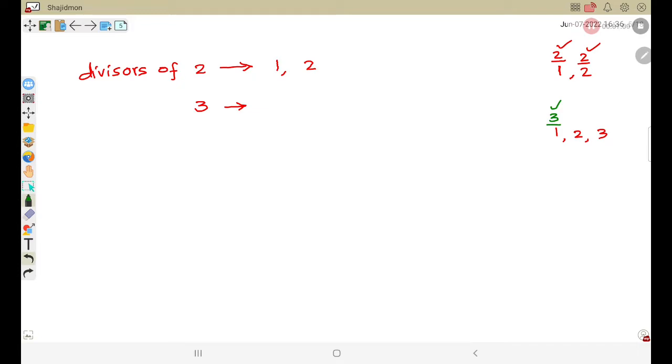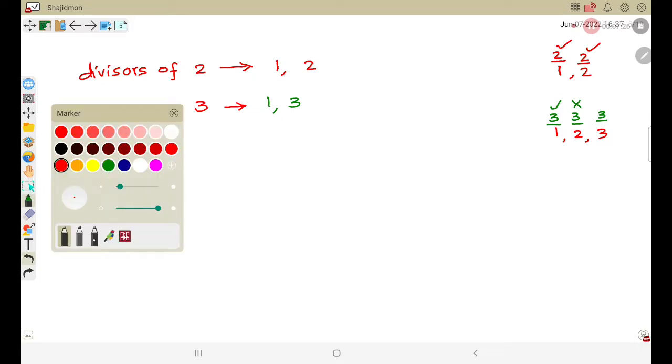So 1 is a divisor. Now 3 divided by 2, is it possible? No, because 3 by 2 is 1.5, it is not an integer. So 2 is not a divisor. Now 3 divided by 3, is it possible? Yes. So 3 is a divisor, correct? So 1 and 3 are the divisors of the number 3.